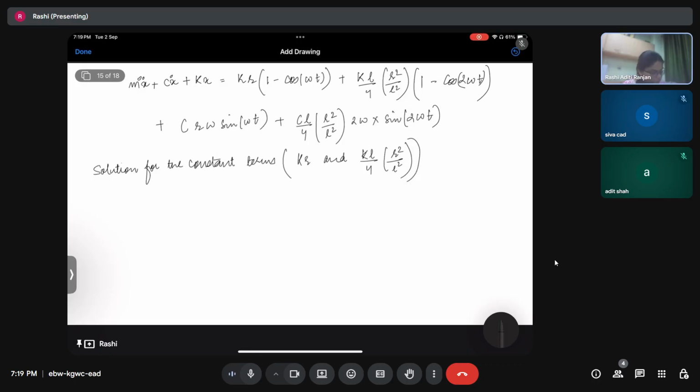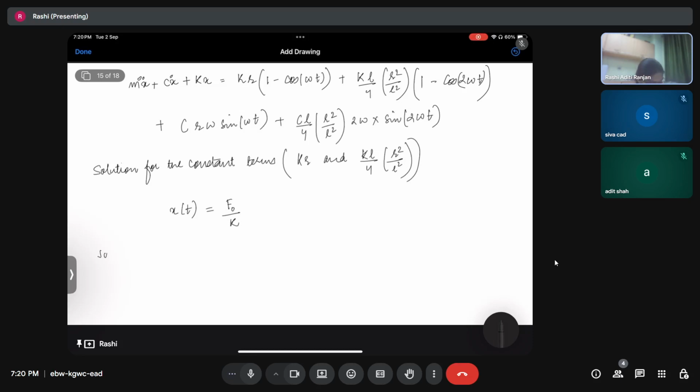So we can find the solution as x of t equals f naught by k, right? Simply f naught by k. For f naught we have kr, and both of these you can use. Alright. And we are concerned about finding only the steady state solution as of now. If we had to find out the total solution, we would have to find out everything. But for now, we'll say that we have to find out only the steady state solution. So x of t is going to be f naught by k, which is for the constant term.